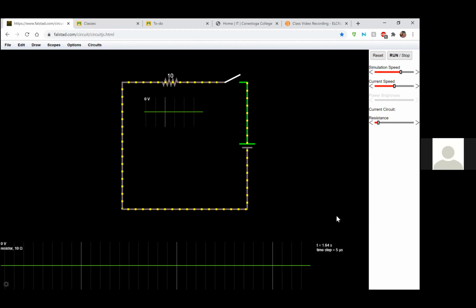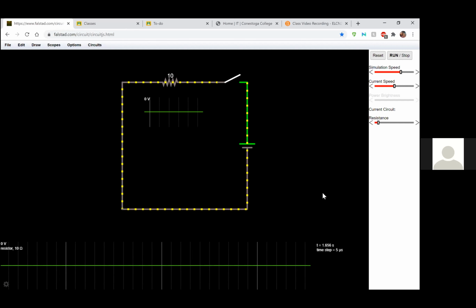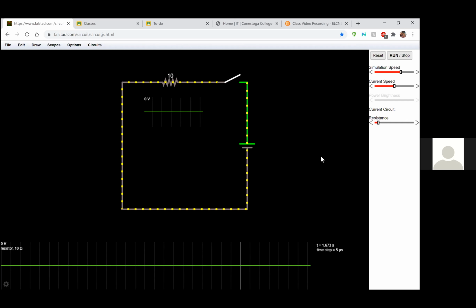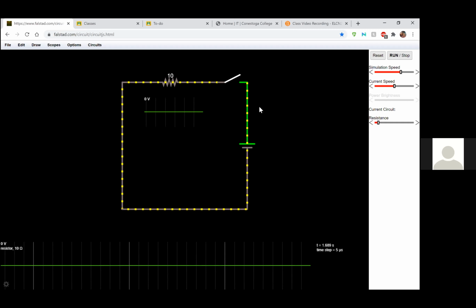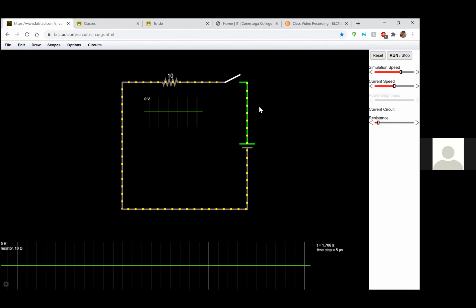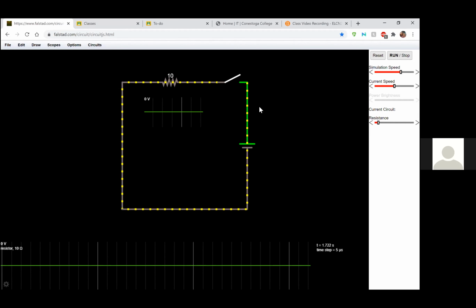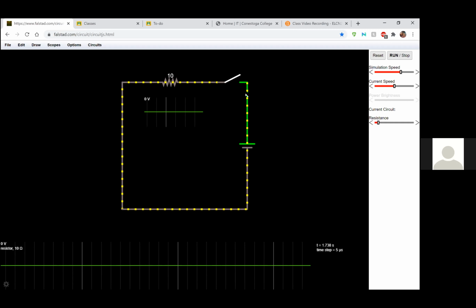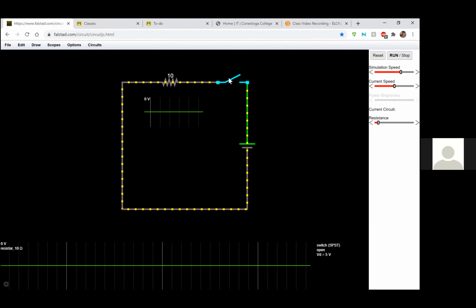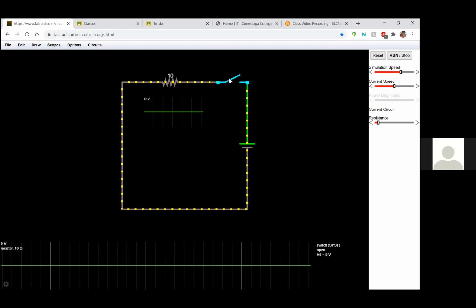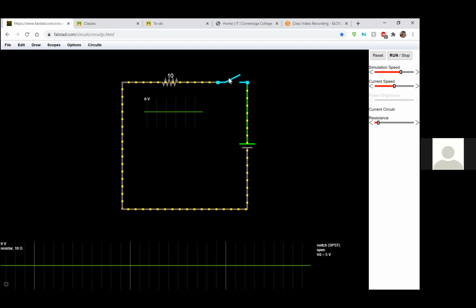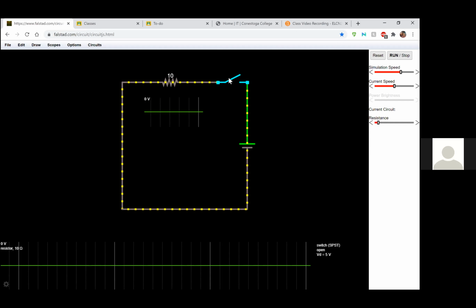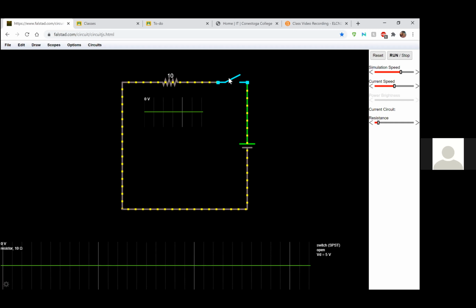Perfect. So this is what we are going to use mainly because number one, it's very, very easy to use, easier than Multisim, and for our level, it's just perfect. Number two, it's completely free. Number three, you don't have to download a software to use. And I'm going to be posting simulations as we go forward.